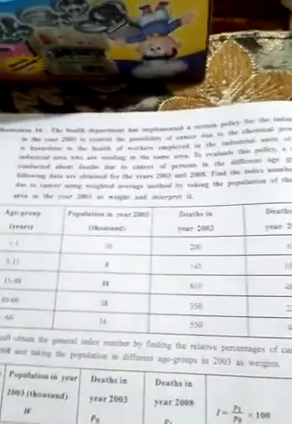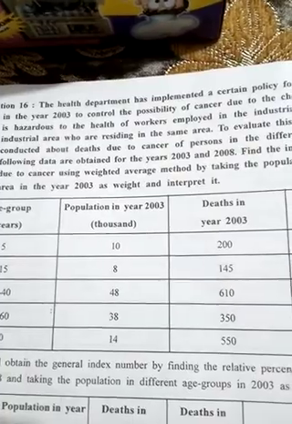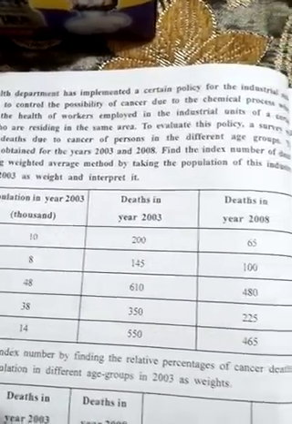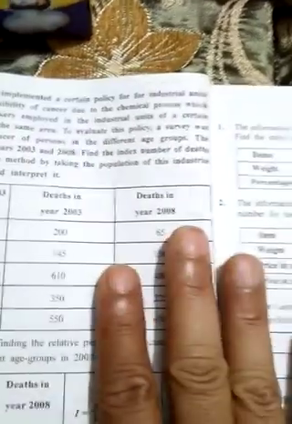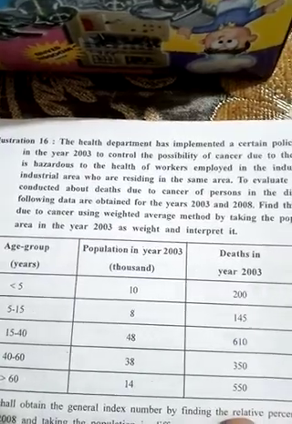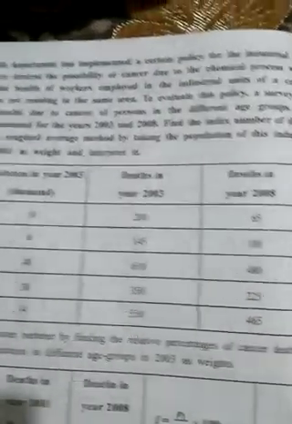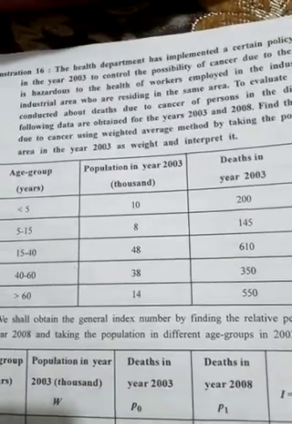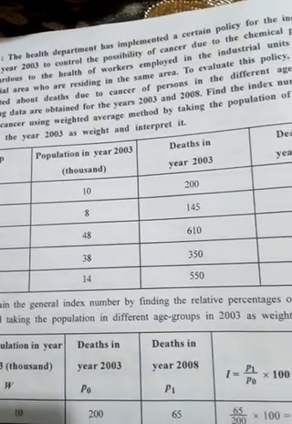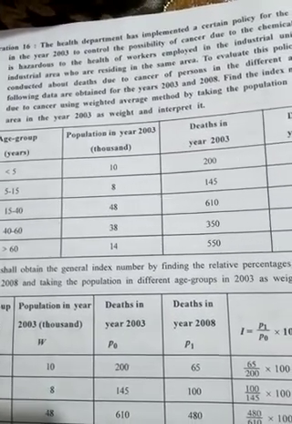Now please go through illustration number 10. Here the health department has implemented a certain policy for the industrial units in the year 2003 to control the possibility of cancer due to the chemical process, which is hazardous to the health of workers employed in the industrial units of a certain industrial area who are residing in the same area.